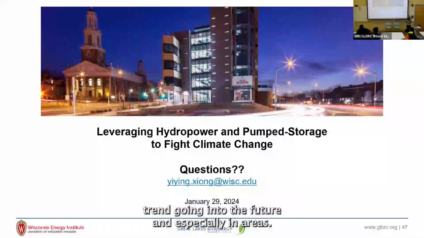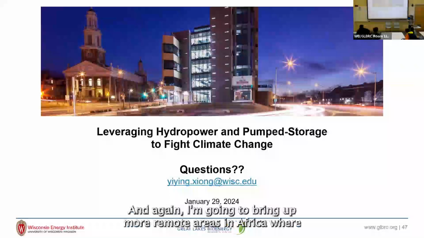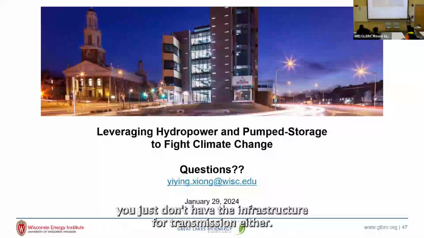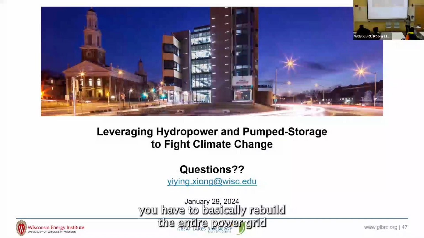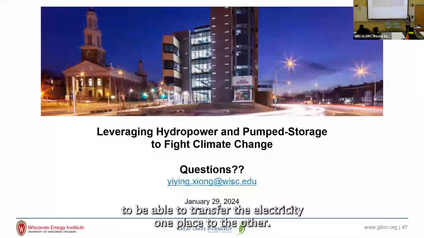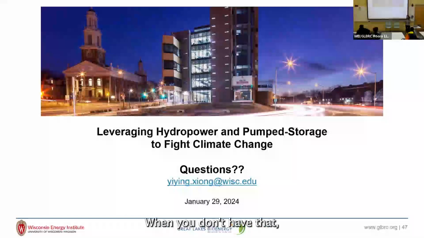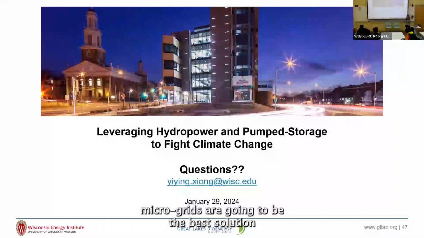And especially in areas, and again, I'm going to bring up more remote areas in Africa, where you just don't have the infrastructure for transmission either. So even if you are able to build a large hydro, you have to basically rebuild the entire power grid to be able to transfer the electricity from one place to the other. When you don't have that, microgrids are going to be the best solution that can be implemented fast and more economically.